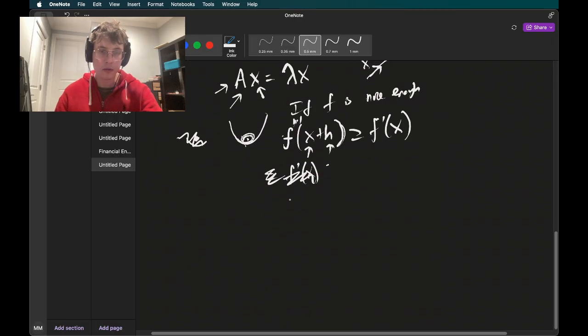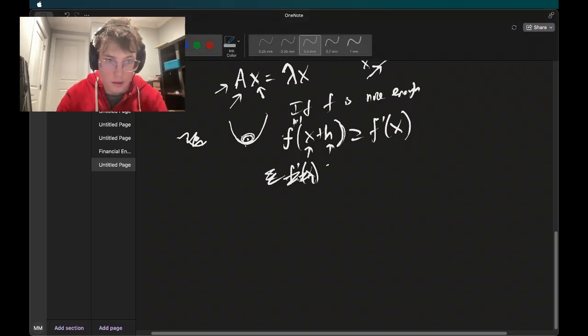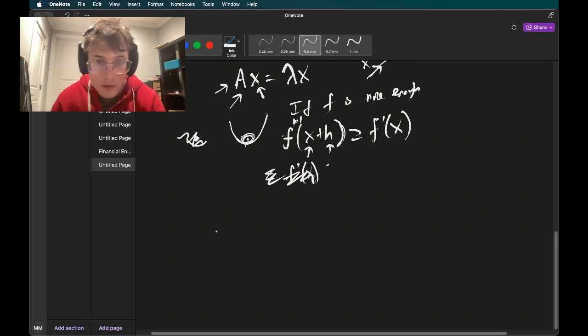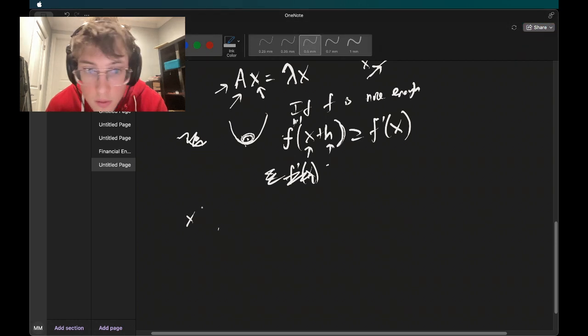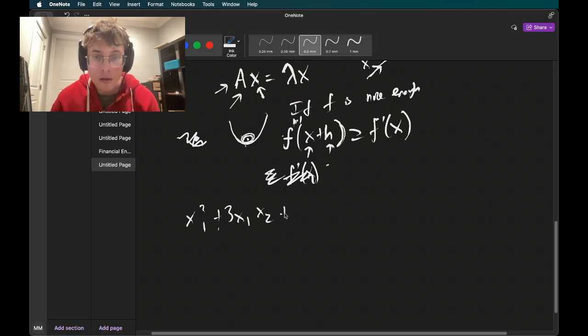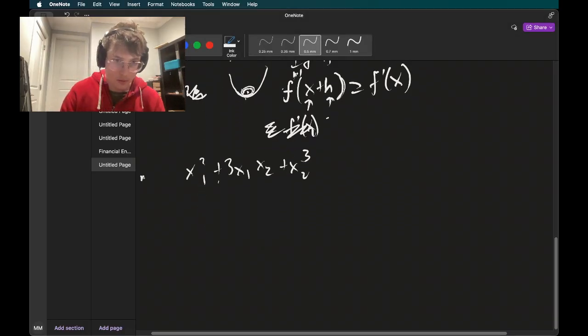Okay. So then in the video, he gives an example of this. Suppose we're trying to minimize x1 squared plus 3x1x2 plus x2 squared.